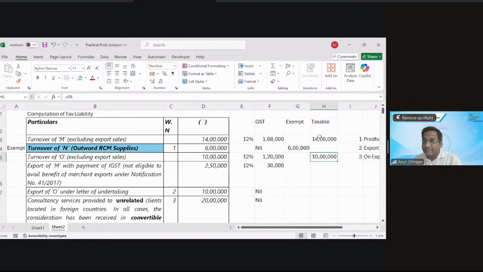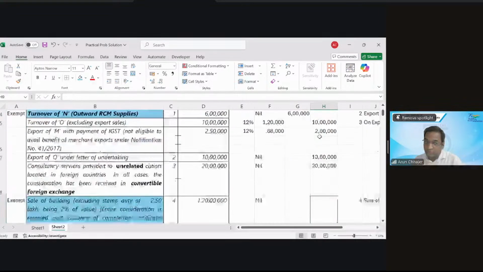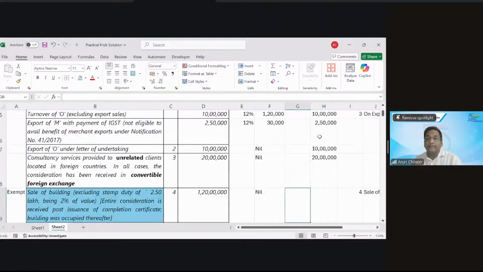Export is taxable supply, whether on payment of IGST or under LUT, it doesn't matter. It will always be taxable supply. Consultancy services are also export. Sale of building is exempt supply.